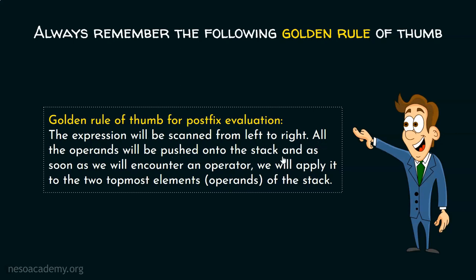We must push all the operands onto the stack. Okay, so our stack will be an operand stack, right? And as soon as we encounter an operator, we will apply it to the two topmost elements of the stack. Simple. So if we have operands, we'll push them onto the stack. If we have operators, we'll apply them to the top two elements of the stack. This is the golden rule of thumb we must always remember for postfix evaluation.